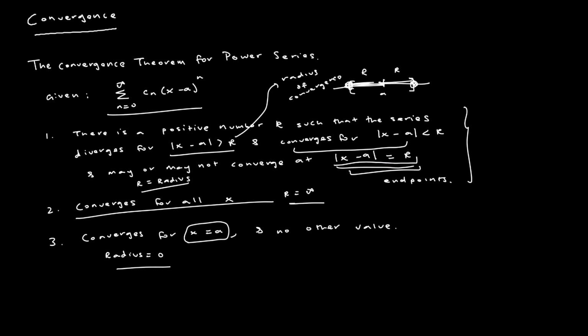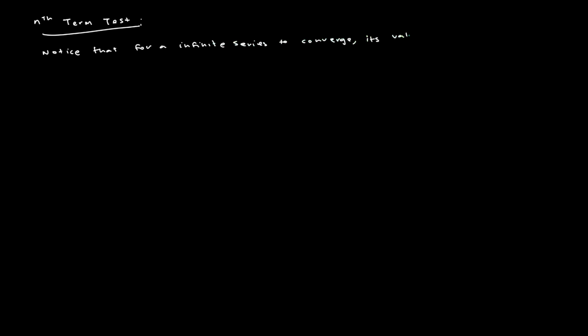So the first sort of test for convergence is known as the nth term test, and basically this is kind of logical, but notice that for an infinite series to converge, its values must tend towards 0, right?